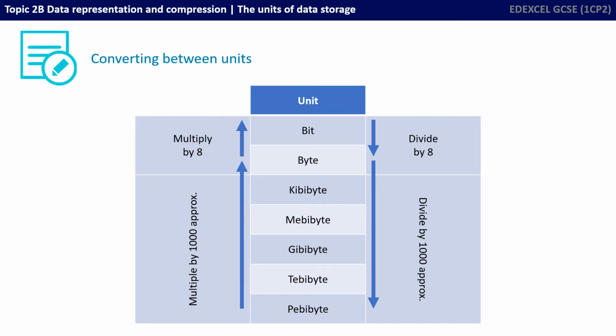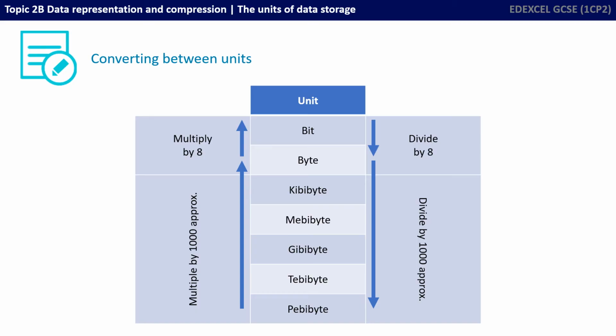So it can be handy to quickly remember some rules on converting between the different units of data storage. Anything from a kibibyte upwards, we're either multiplying or dividing by roughly 1,000. When we're dealing with bytes and bits, don't forget, we're multiplying or dividing by 8 because there's 8 bits in a byte.